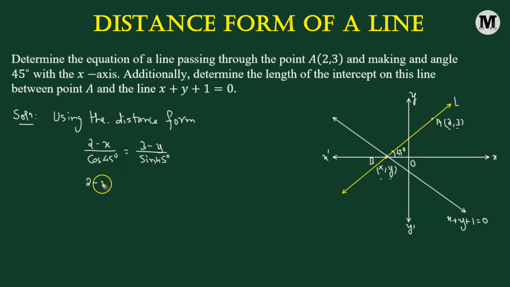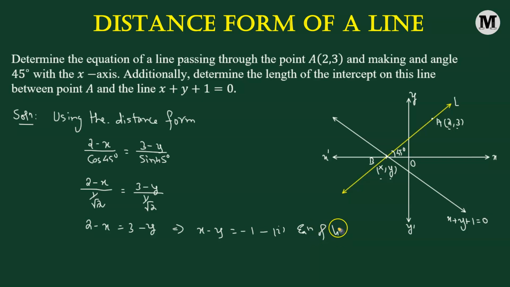Cosine 45 degrees is 1 over square root of 2, and sine 45 degrees is also 1 over square root of 2, which means we have 2 - x = 3 - y. Rearranging the terms, we get x - y = -1. Let's call it number 1, and we have successfully obtained the equation of line L.